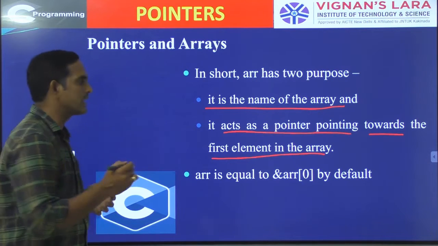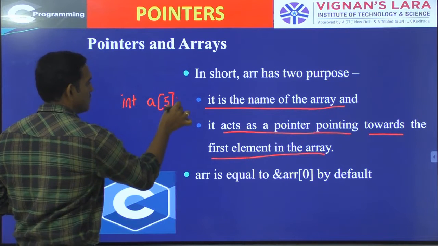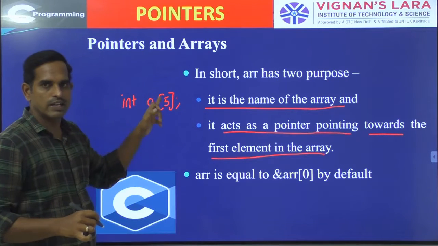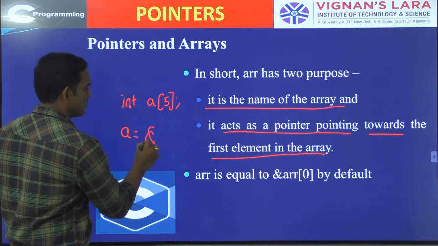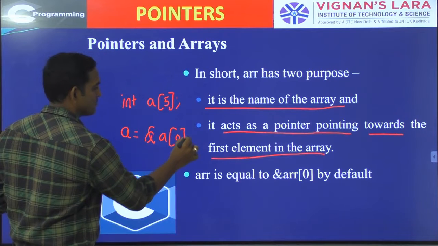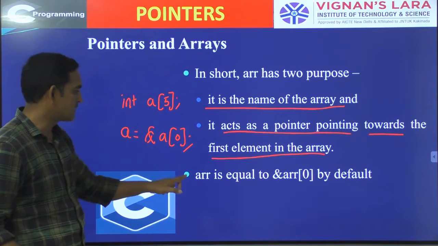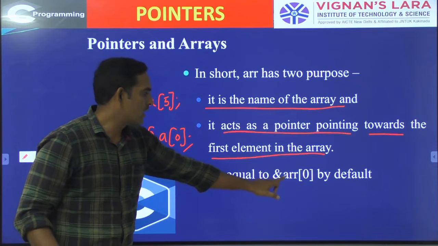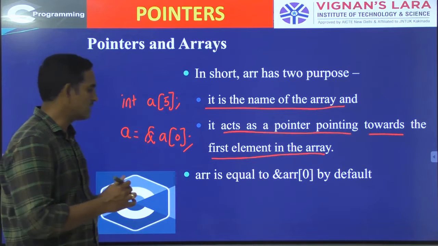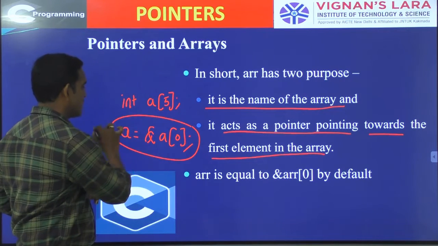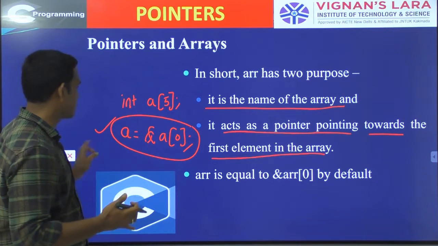When you declare an array, ARR is not only the name of the array, it also contains the address of the first element. ARR is equal to the address of ARR[0] by default. You need not do anything. This is always valid: the name of the array acts as the pointer to the first element.